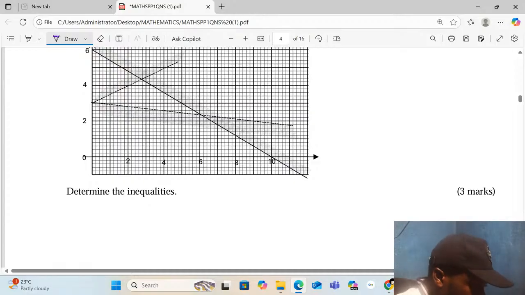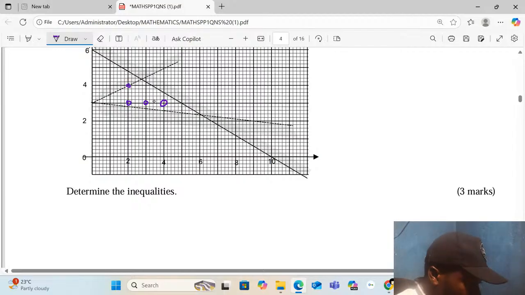For instance, any point in here can be 4, 3, or 3, 3, or 2, 3, or 2, 4, or 3, 4.